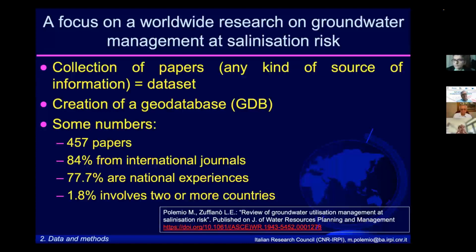To understand in which way this situation was considered and solved, if it is possible, worldwide, we carried out research in which the data were papers, mainly scientific articles. We selected 157 papers, mainly from international journals, to study the approach to the risk of groundwater salinization worldwide.